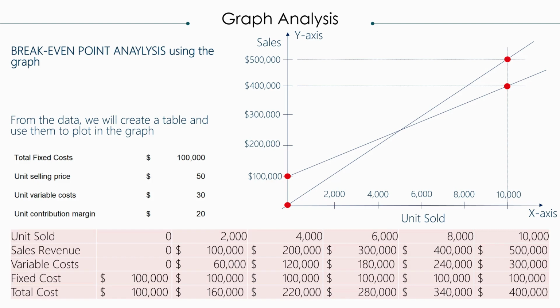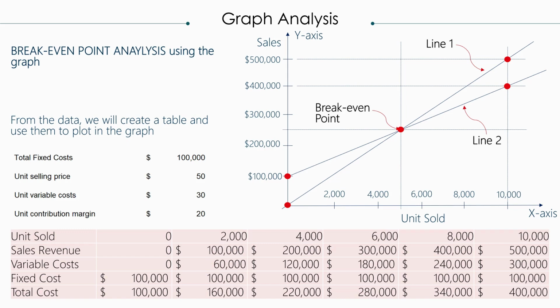Okay, so using your ruler, you can just scale this one and get the points, and then we call this one line 2 and line 1. From this graph, the intersection of these 2 lines is what we call the break-even point.